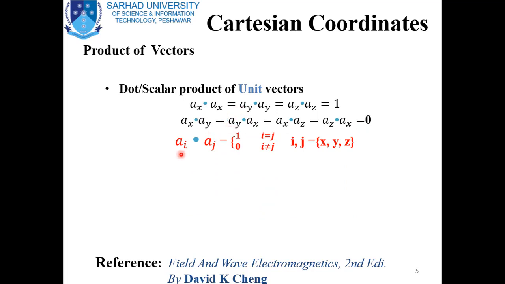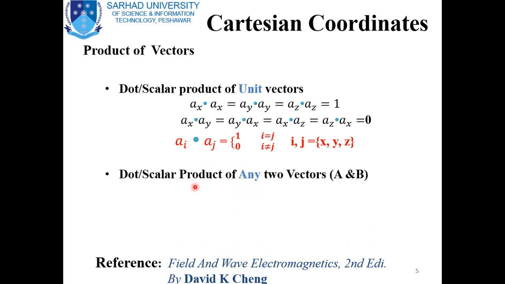Now we combine these two rules in a single equation. We can write ai dot aj is equal to 1 when i and j are equal, and i and j can take values from the set x, y, z. So if i represents x and j represents x, then ax dot ax will be equal to 1, and if i and j represent different indices from the set, then the answer will be 0.